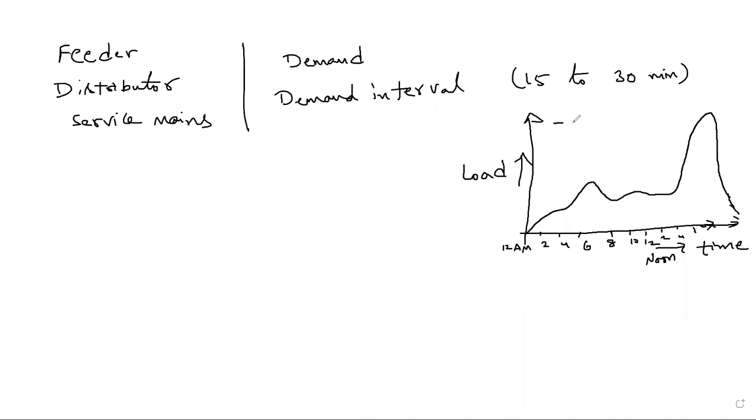So the maximum peak load appears in this case. How much time it is present, everything we need for the analysis. This kind of curve is called the load duration curve, or daily demand curve. We can also call it the daily demand variation curve.